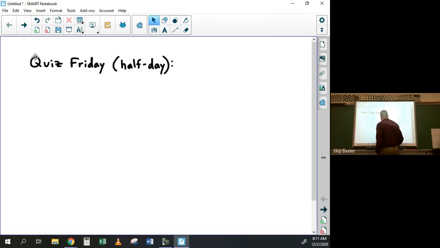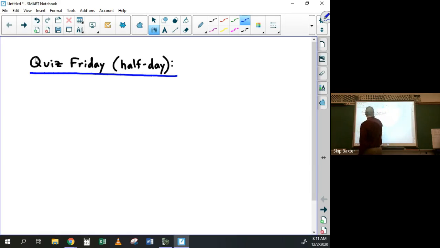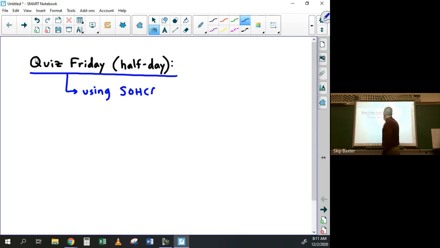So that's only going to include two things: using SOHCAHTOA to find a side of the right triangle, or an angle of the right triangle.